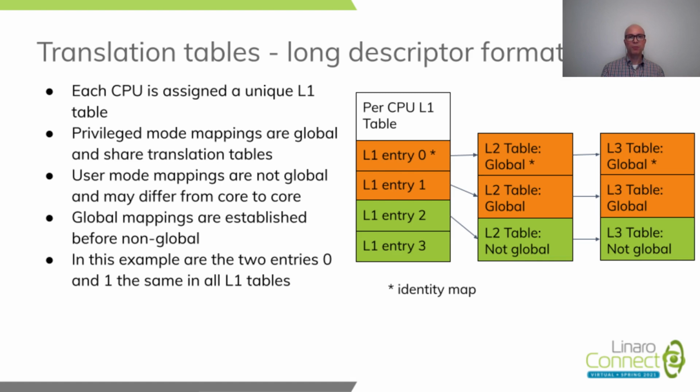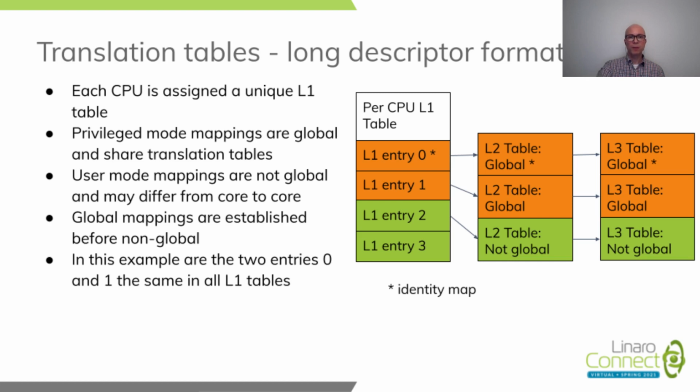One of the unused level 1 entries is selected for user mappings. These mappings will be not global, that is, they are used together with a specific address space identifier, ASID, unique for each TA. Each TA will normally only be mapped in one CPU at a time, but the architecture would permit more than one CPU if that would ever be needed.